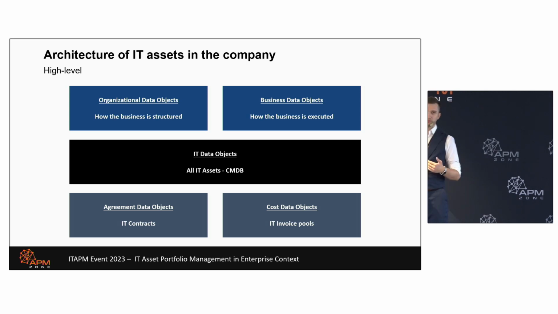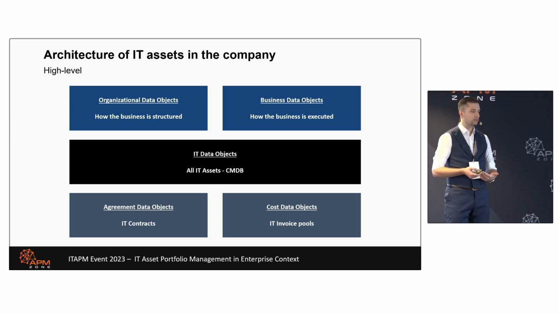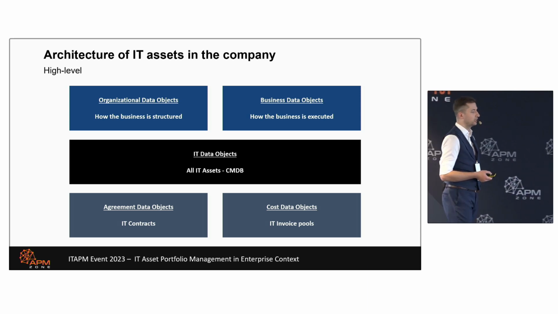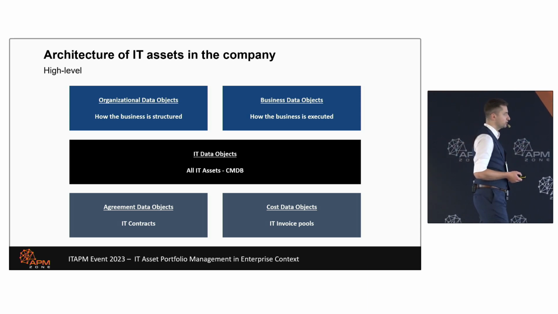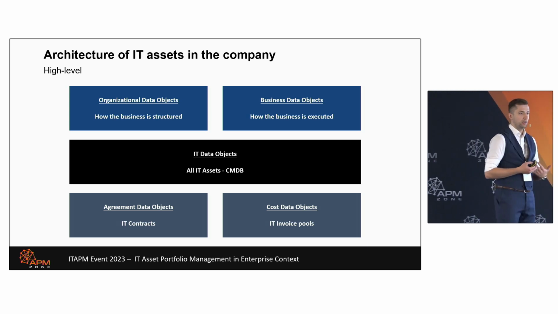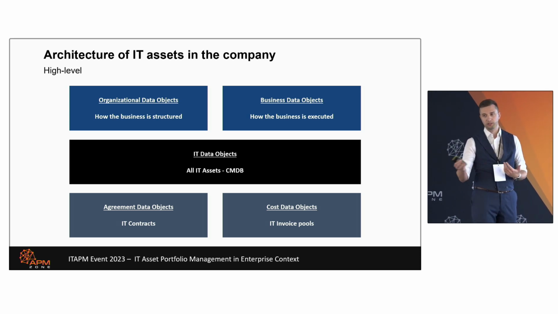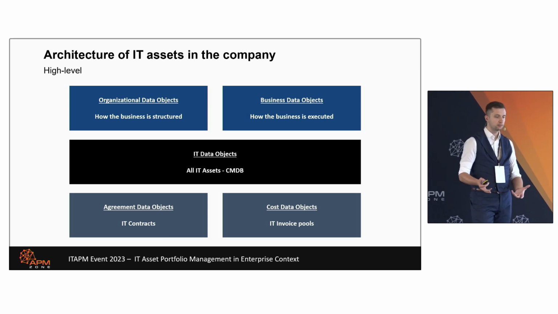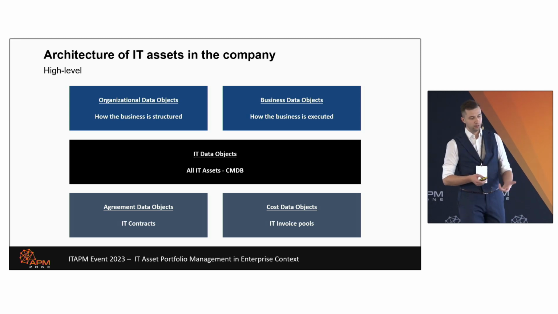And below, as always, because money talks and money drives many of the discussions, are our agreement data objects, so how we actually acquire all these assets. These can also be our consultants, our employees, services, and the cost data objects, so how you organize it to connect it further.